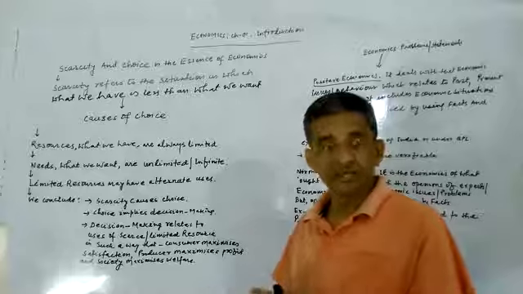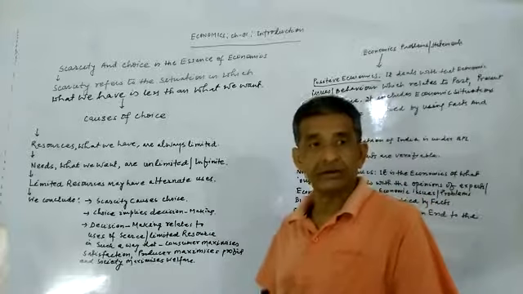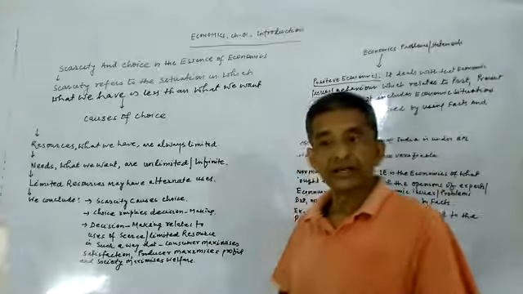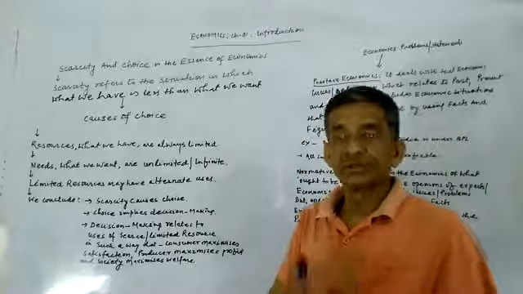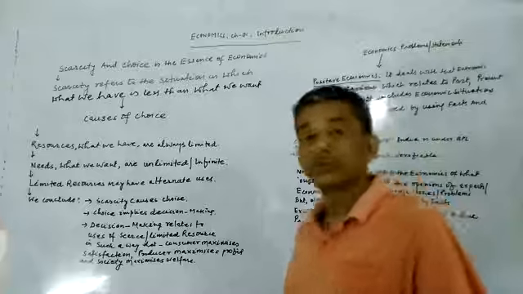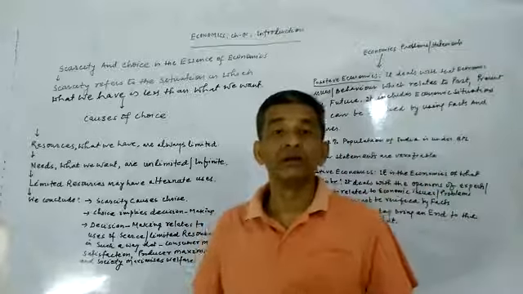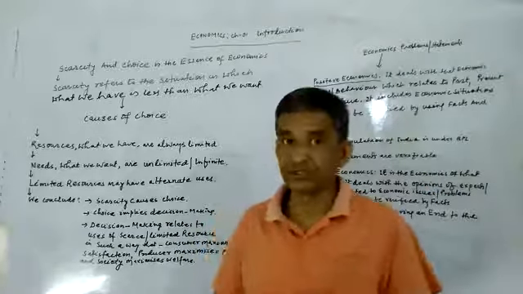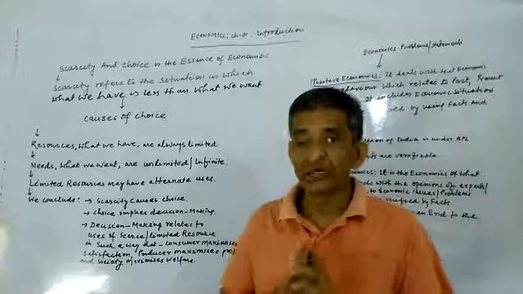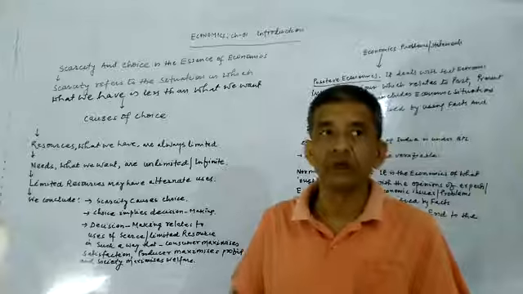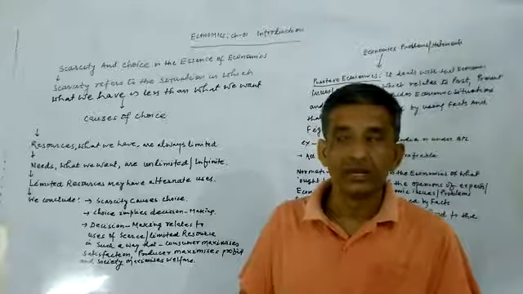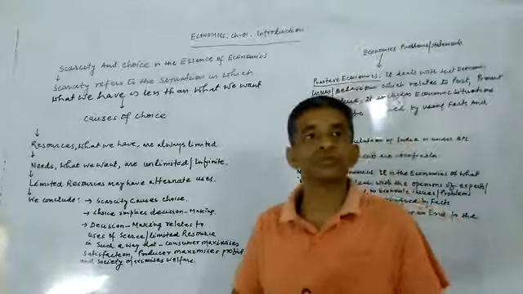This is universal. It happens to everybody. It is not like that I face the problem of scarcity or you will not face. It is not like that Indian economy is facing the scarcity, the American economy will not face. Each and every economic unit, whether they are individual or economy, they have to face this problem of scarcity.